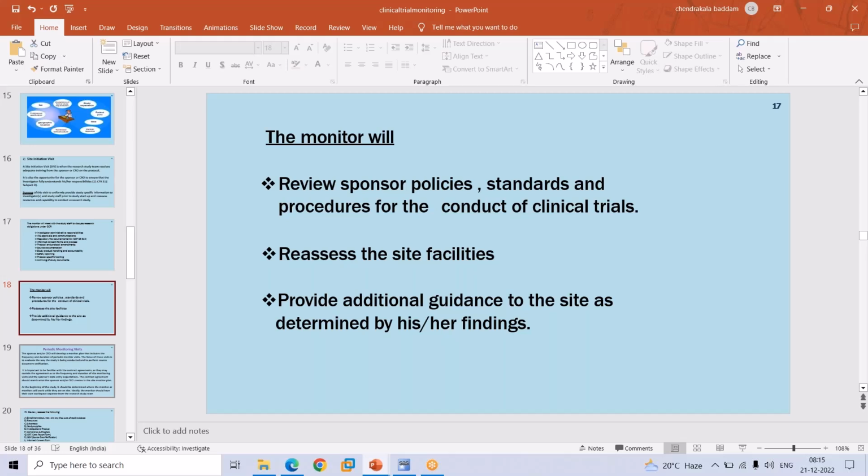The monitor will also reassess site facilities and other resources, and provide additional guidance to the site.